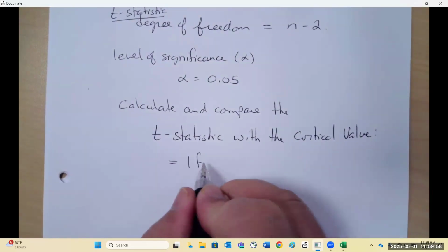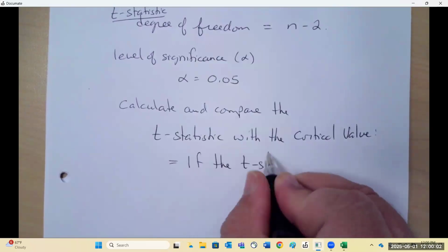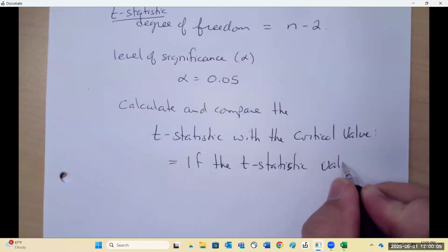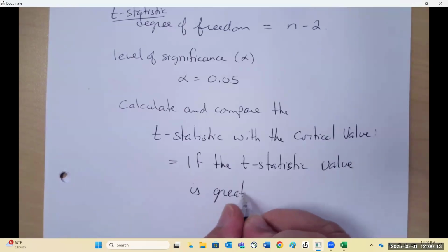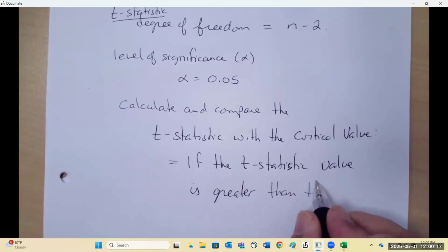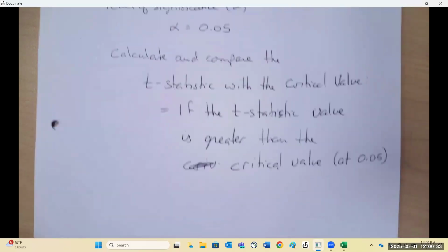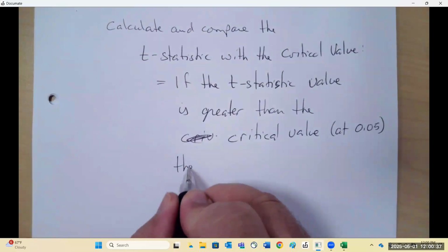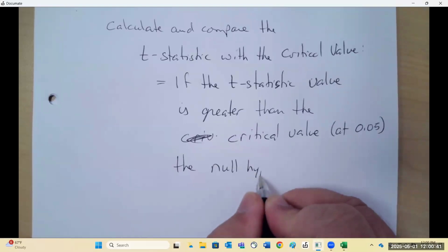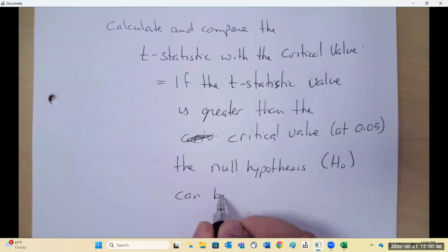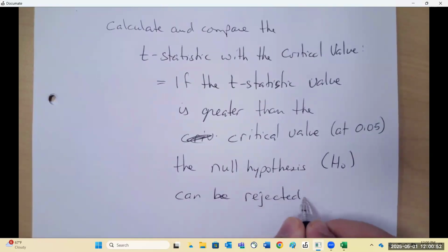And here's your conclusion. If the t statistic value is greater than the critical value at 0.05, the null hypothesis H0 can be rejected.